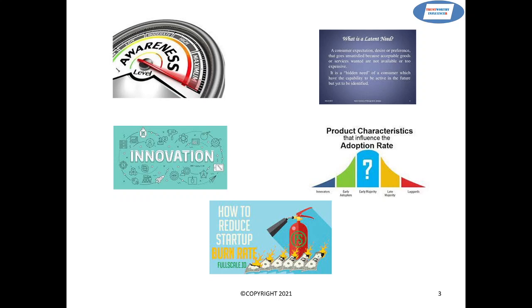That is brought through the innovation that you build or deliver through your product or service. And that really takes the adoption rate higher, so that you have a continuous pipeline of sales coming through year on year. So that's what adoption rate is.